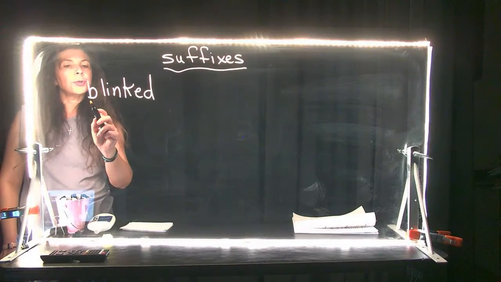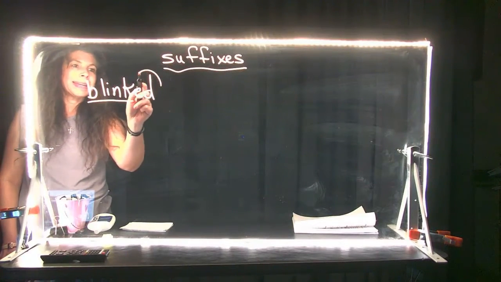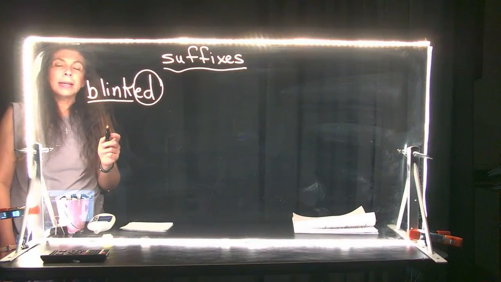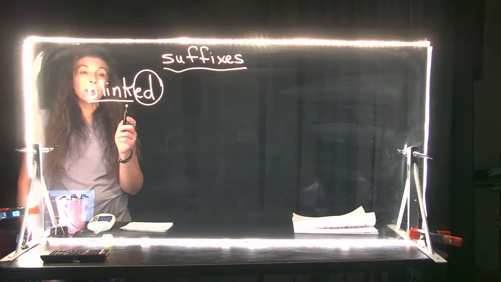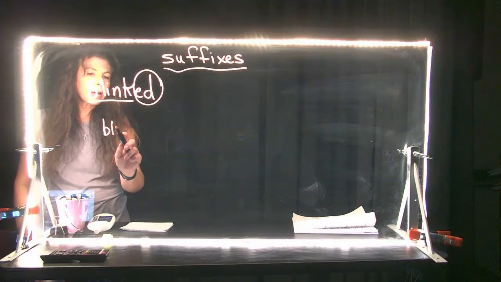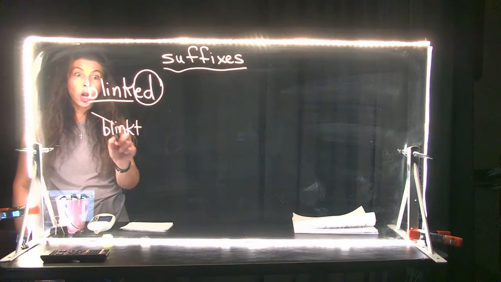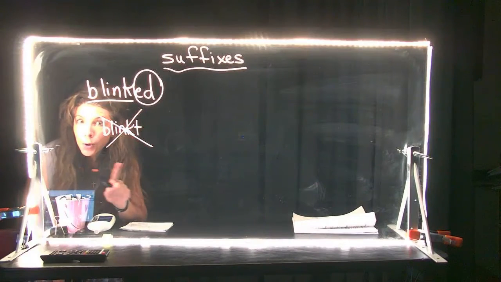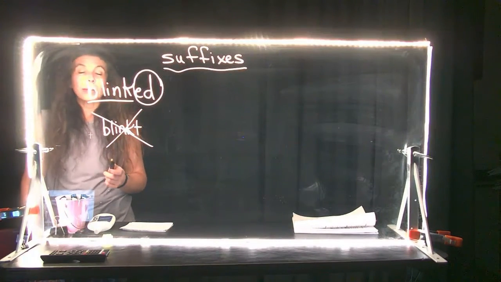In your head, you should be thinking, blink is my base word, ed is my suffix, even though, what does it sound like? Blinked. Sounds like a T, but I don't spell blinked like this. No. It's with an ed, and it makes it in the past tense.